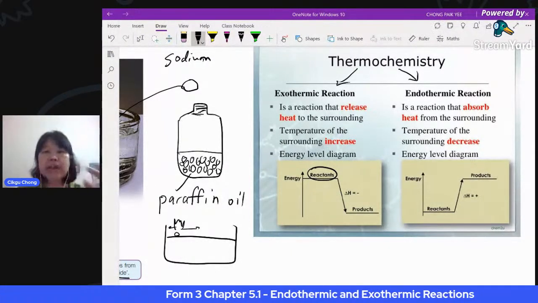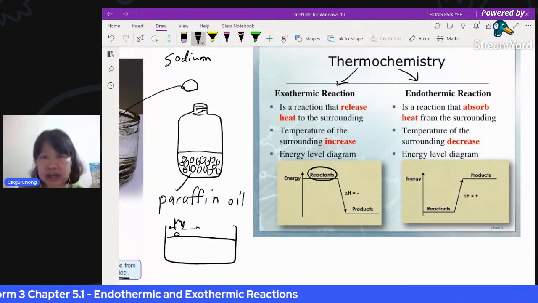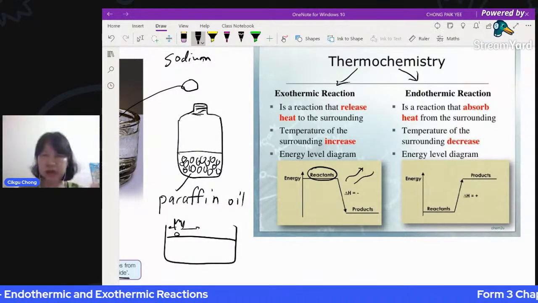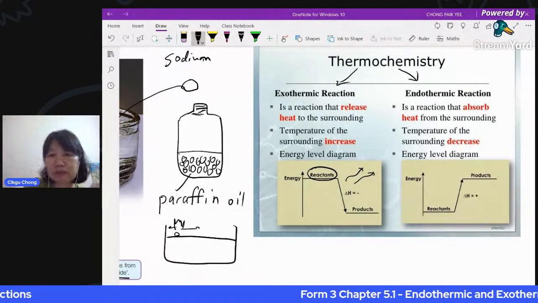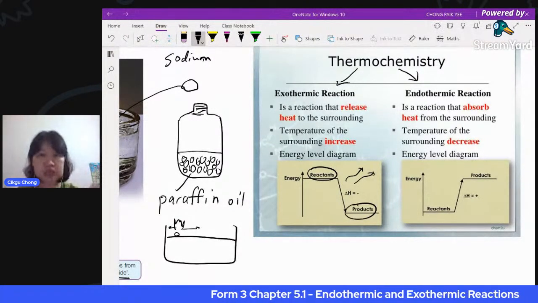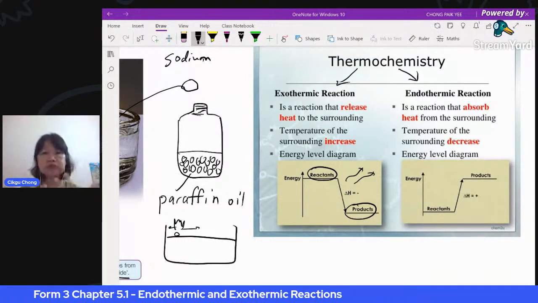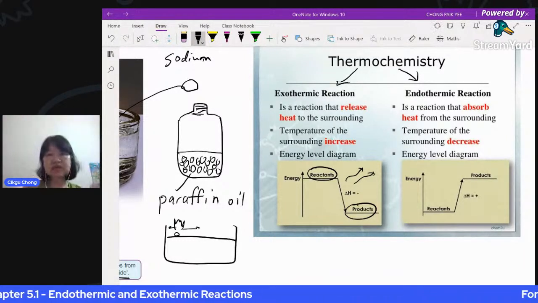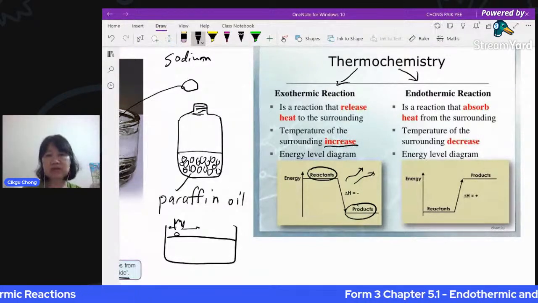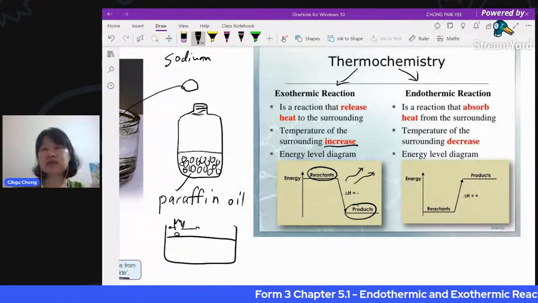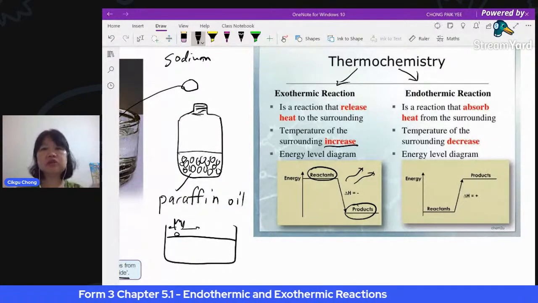Then when the reaction happens, it releases the energy, it removes the energy out. So the product will have less energy because the energy is already given out. You give out already, it means you have less, correct or not? So the temperature of the surrounding will increase because you give out the heat. The surrounding will become hotter.